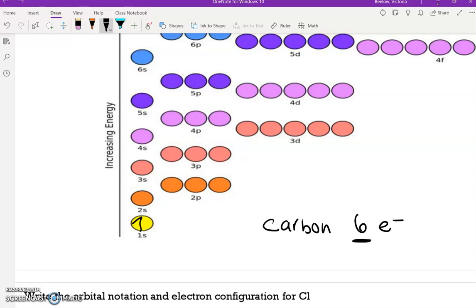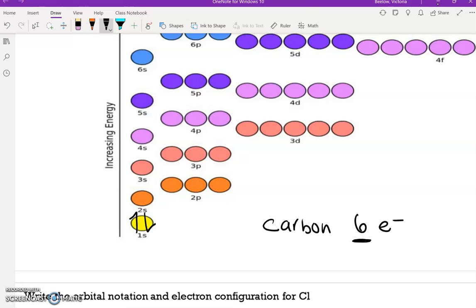This is how we draw electrons, with these single-sided arrows. You're going to draw them like this. Electrons spin in opposite directions because they both have a negative charge. They don't want to be that close to each other because like charges repel. And this is how we're going to be representing them.